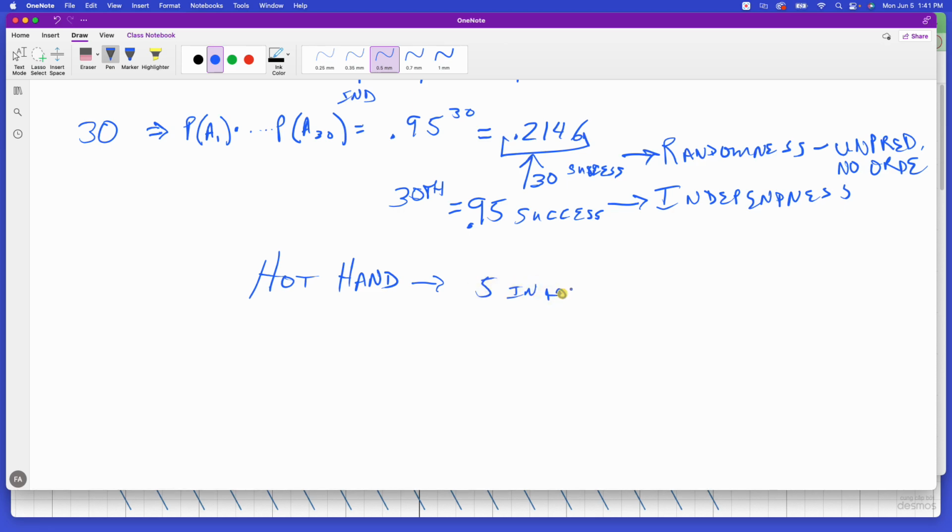I grew up in the late 80s, early 90s, and I got to watch the Bulls play and watch Michael Jordan play. I remember after a game, him commenting about how he'd look at the goal, and the goal looked like it was 10 feet wide, and he just couldn't miss because he had this phenomenon called hot hand, meaning that making a previous shot has an effect upon making the next shot.